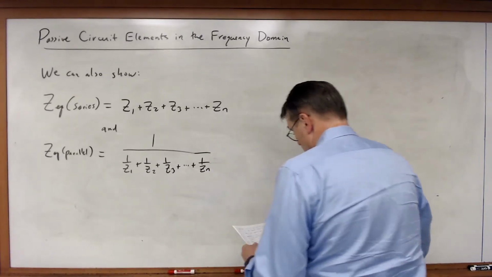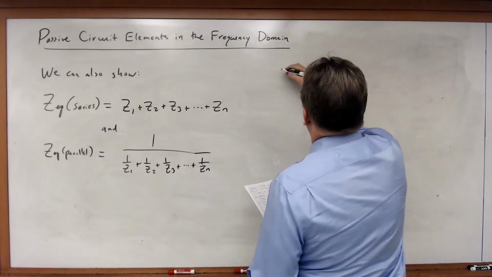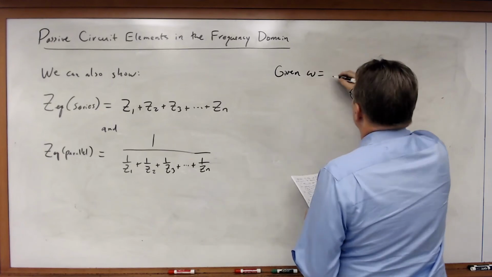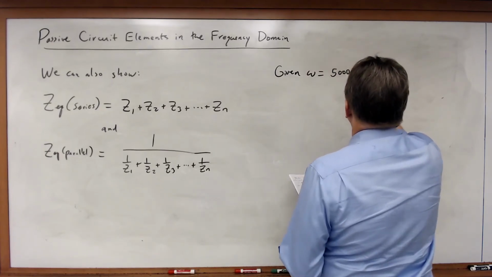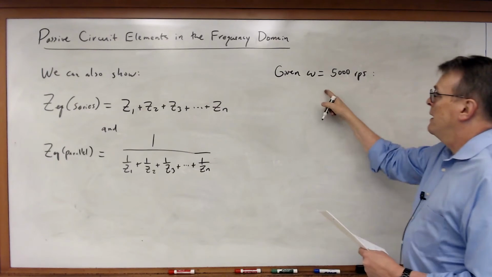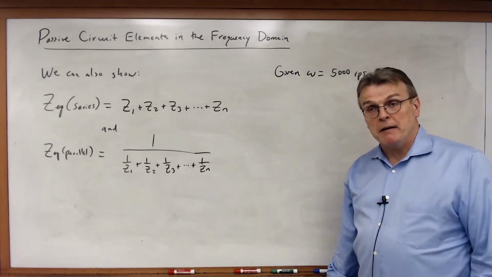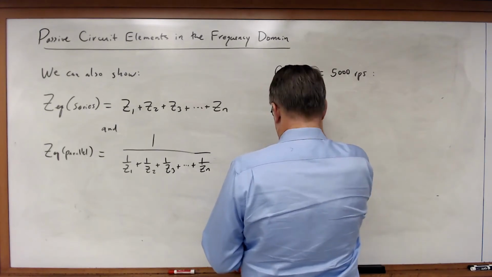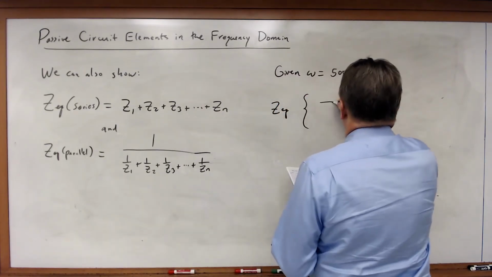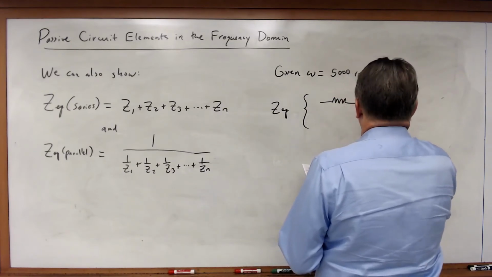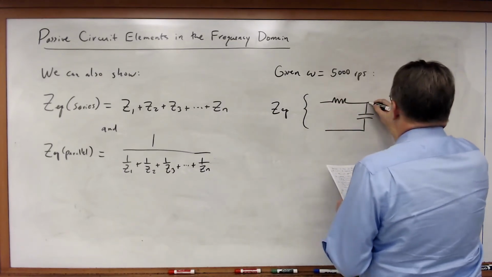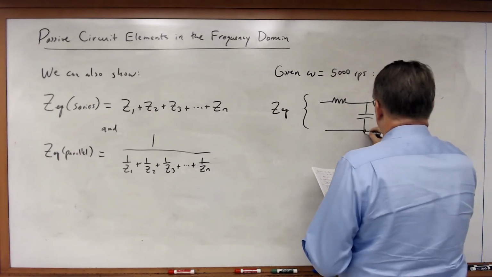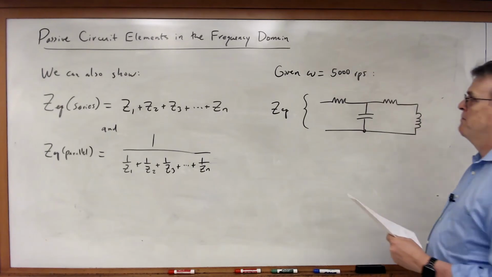What if you were given the following circuit? Given omega equal 5,000 radians per second. And this is important. You have to be told the value of omega. Given this value, let's say you were given this network.